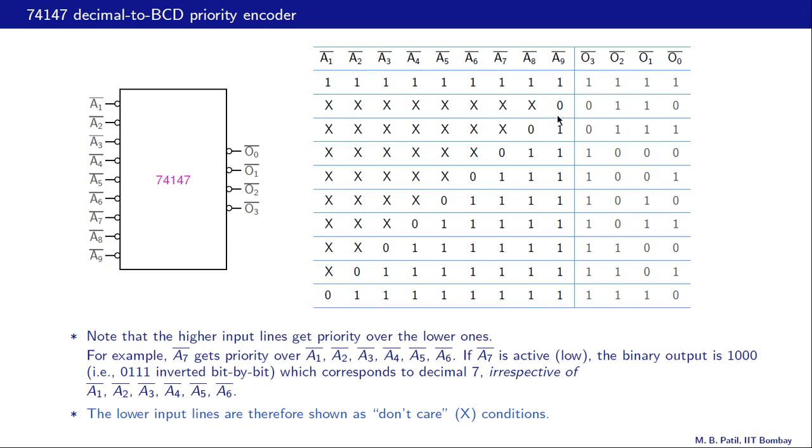So this input pin is active, and the corresponding output pins are 0, 1, 1, 0, and since the output pins are active low, this number actually corresponds to the binary number 1001, and that is decimal 9. So there is a correspondence between which pin is active here and the corresponding binary number here.